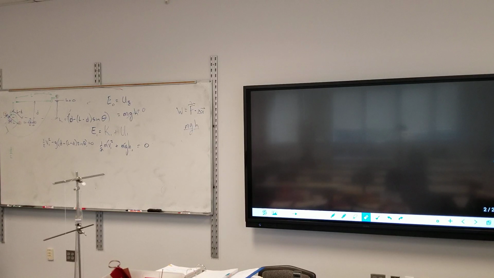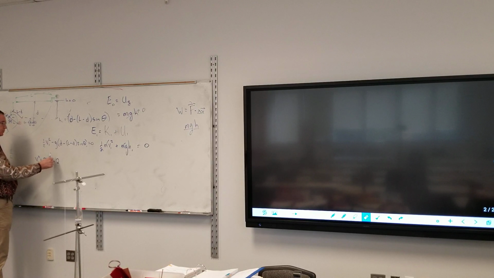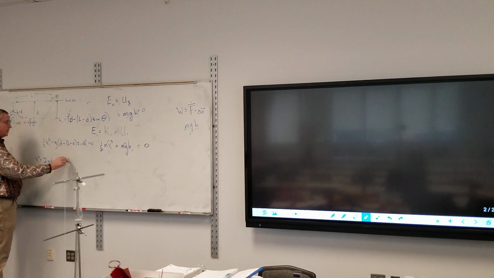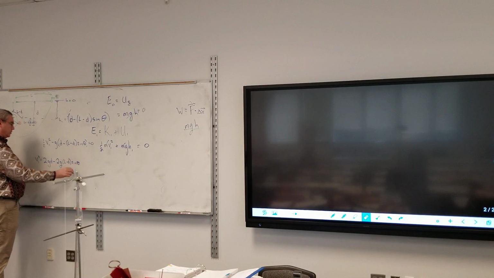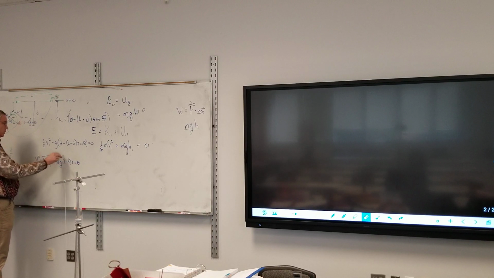Ultimately, we need to figure out a speed at this point. So our speed, V1 squared, is equal to 2G D minus 2G L minus D sine theta, square root.